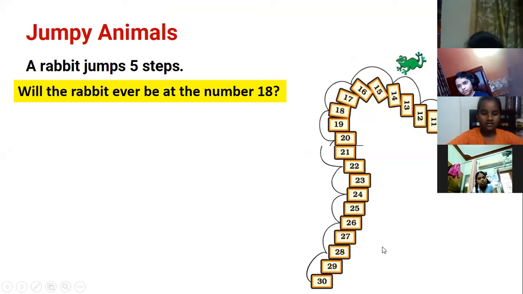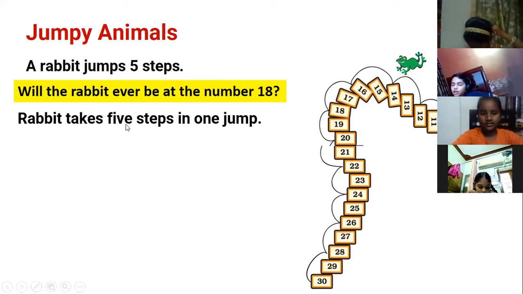Now, will the rabbit ever be at the number 18? Rabbit jumps 5 steps, which means we have to write the 5 table. Do you get 18 in the 5 table? No, ma'am. No 18 in the 5 table. So in 1 jump, the rabbit takes 5 steps.